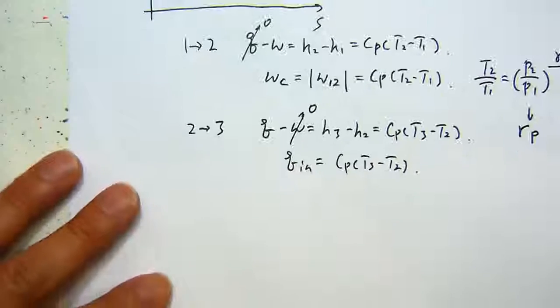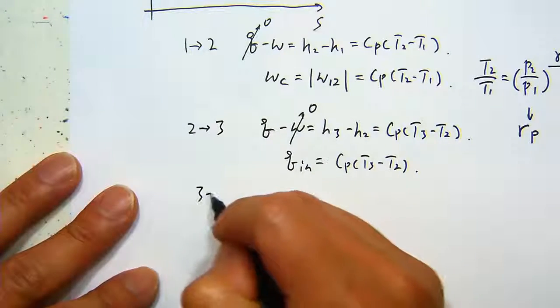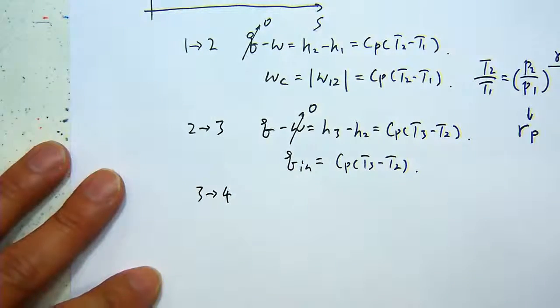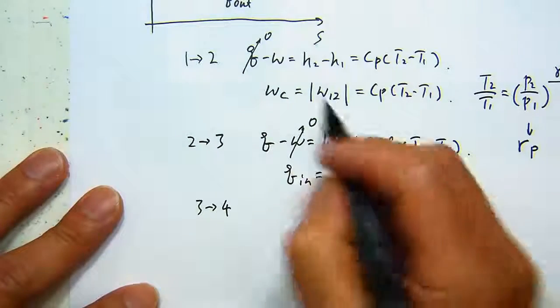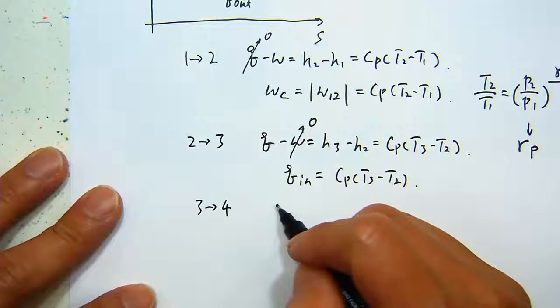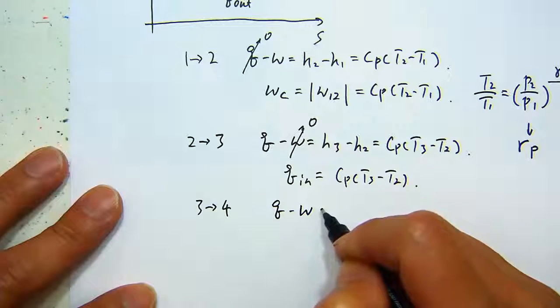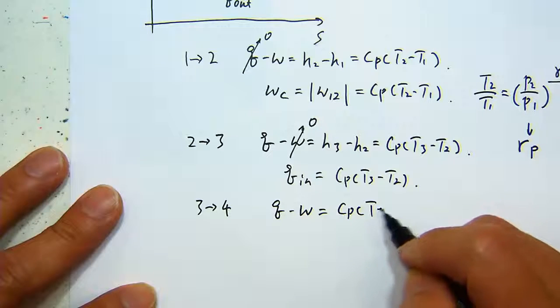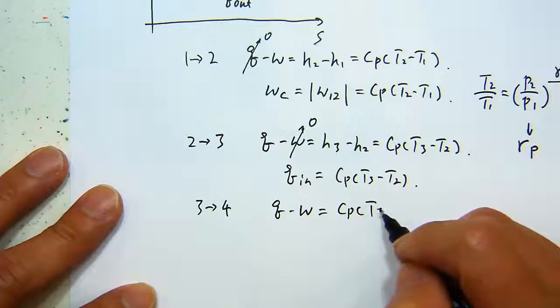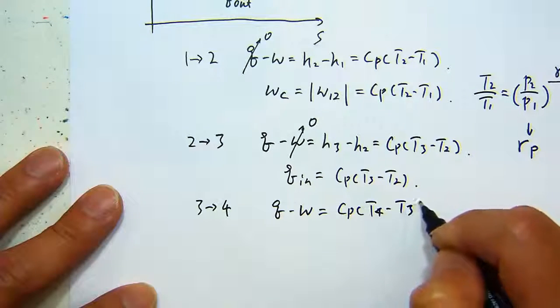Right, and then the turbine step. We have a similar thing, we can write Q minus W equals Cp (T4 minus T3).